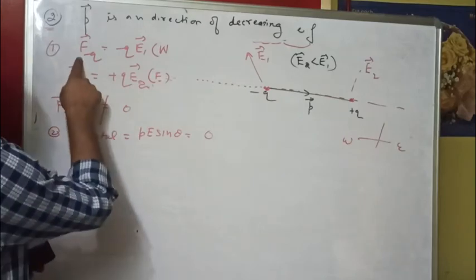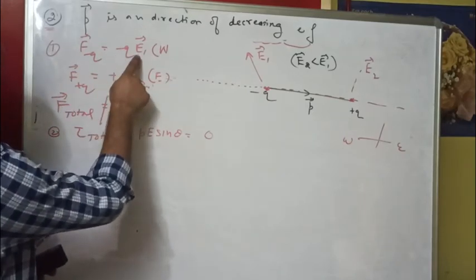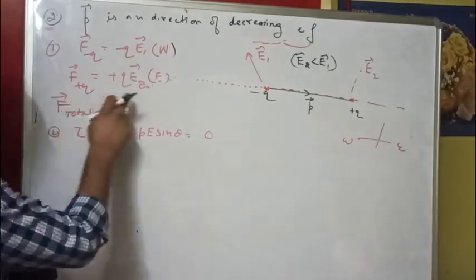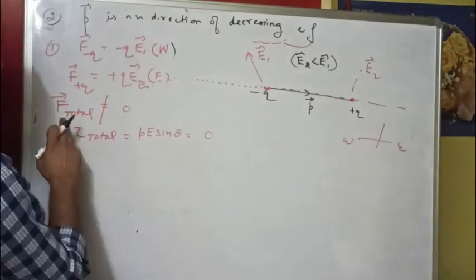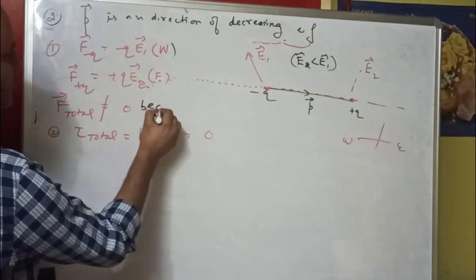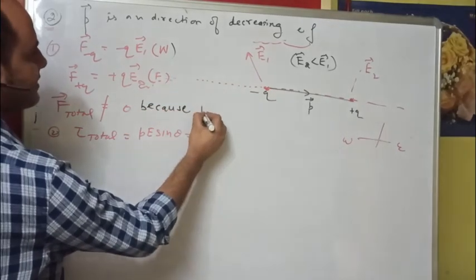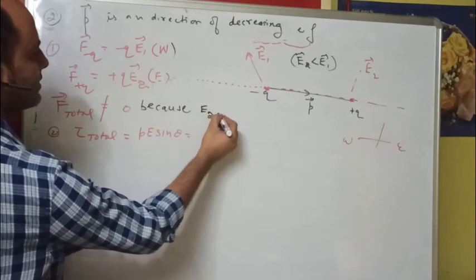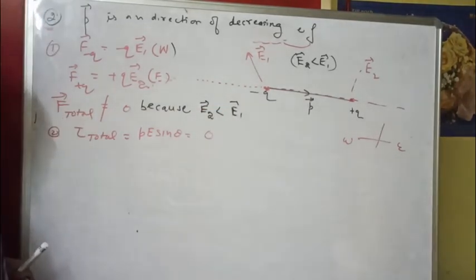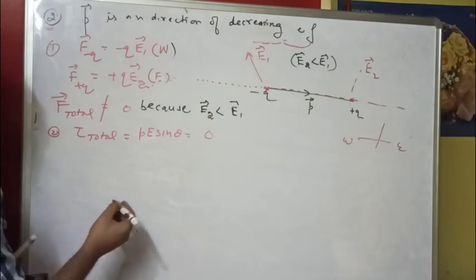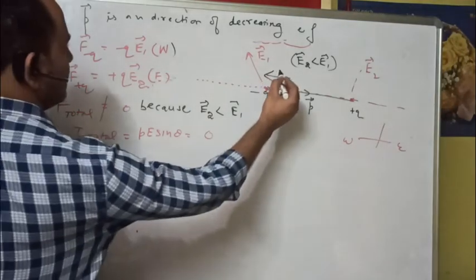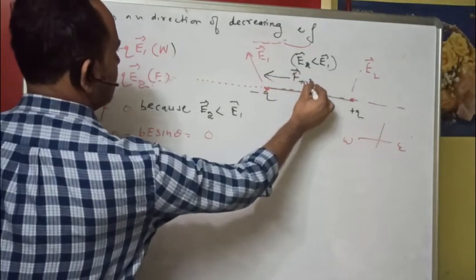So here the force on minus q will be again minus q E1 vector, again towards the west. F plus q will also be in this direction. The force is not equal to 0, the reason being already told in the figure, that is E2 vector is less than E1 vector. So the total force will be in the direction of E1 vector. So here will be F vector total.